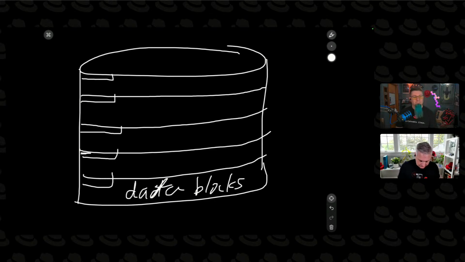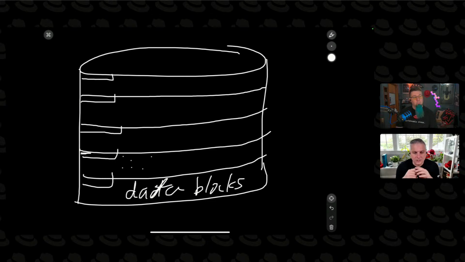And so out here, those are all the little blocks of data that make up your file. But there's a certain number of pointers that you can have in your inode entry. And so if your file is big, what ends up happening is the pointers in the inode table are pointers to data blocks, which then get converted to blocks of additional data block pointers.